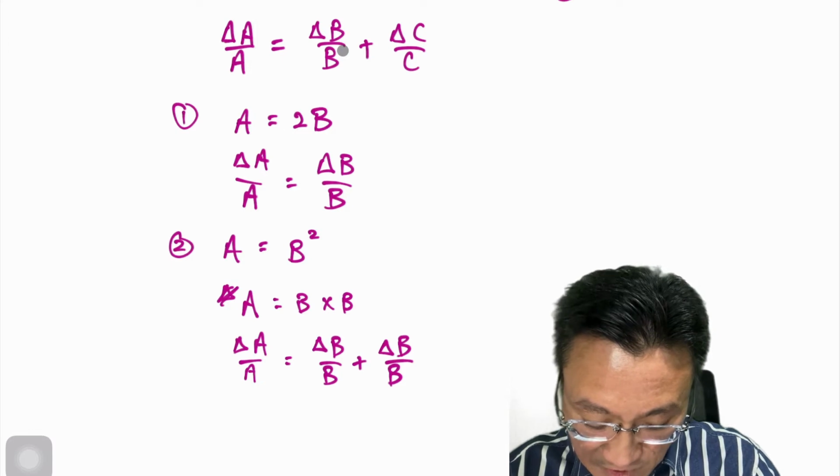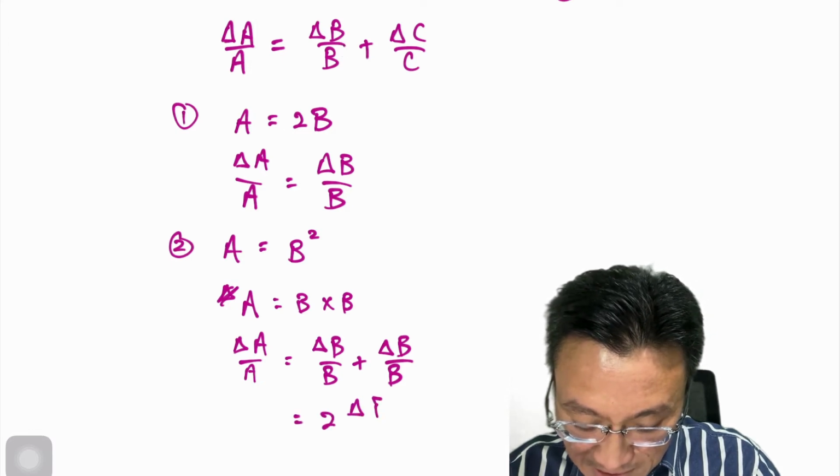And you can see that this will give me twice the fractional uncertainty of B.